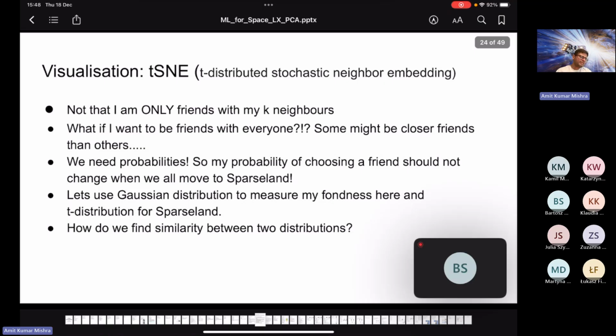One of the ways in which you can make it even more powerful than simply using Euclidean distance to find the nearest neighbors is by putting one distribution on each point, and then you find, okay, from this point, how far is the other point?